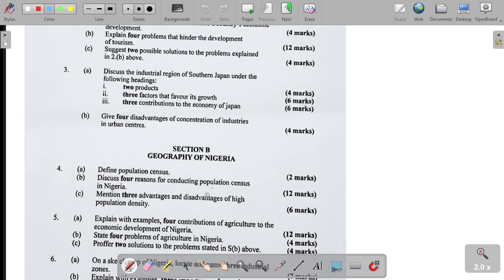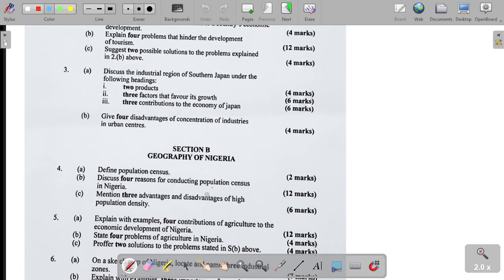Then 4C is a state question. You should state 3 advantages and 3 disadvantages of high population density.